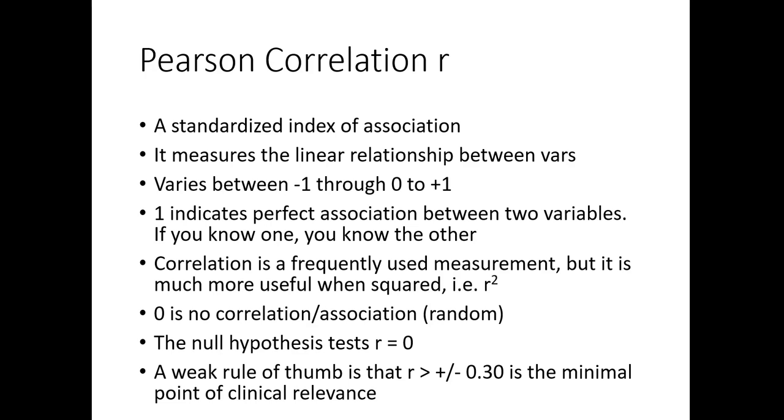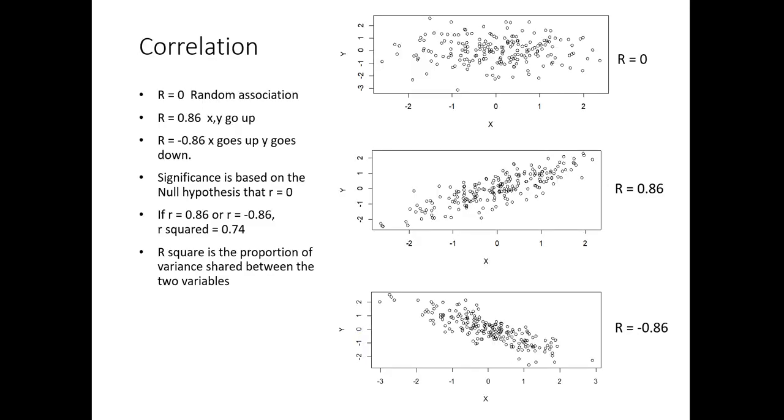Some measures have a lot of variability inherent in them, measurement error, like paper and pencil tests. And so you would not expect those to be as correlated as something like objective blood tests that you're comparing to each other.